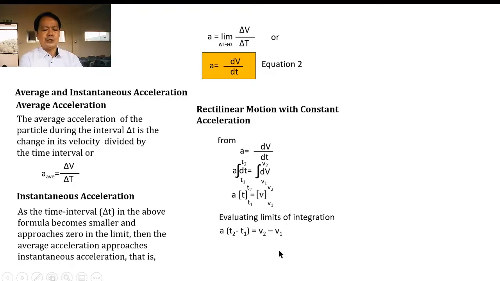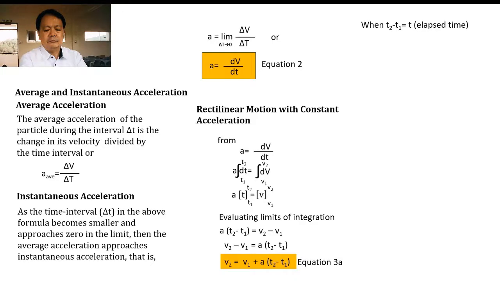If this equation is rearranged, v sub 2 minus v sub 1 is equal to a times t sub 2 minus t sub 1. Or simply, v sub 2 is equal to v sub 1 plus a times the quantity t sub 2 minus t sub 1.